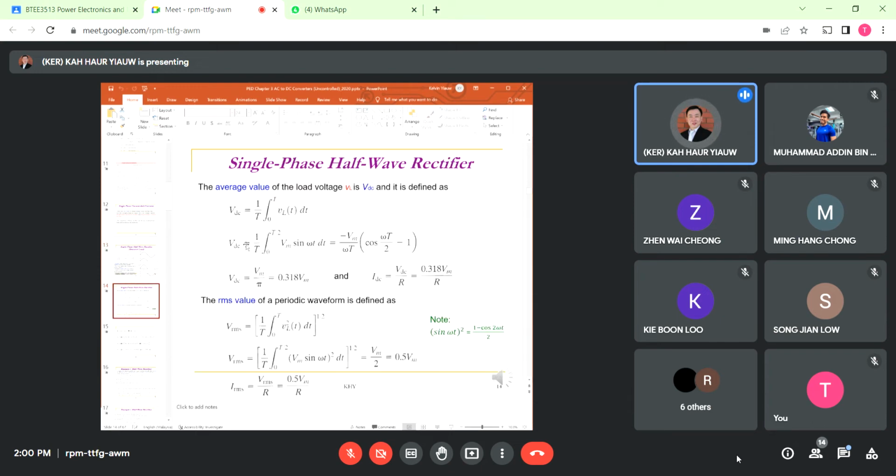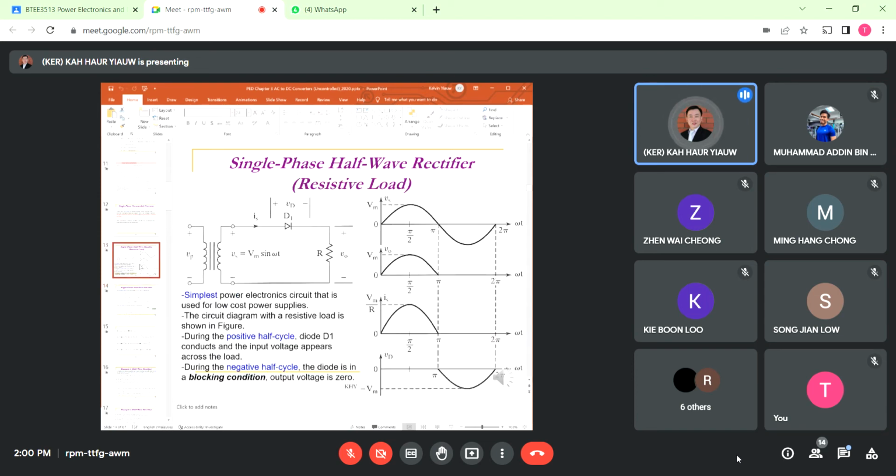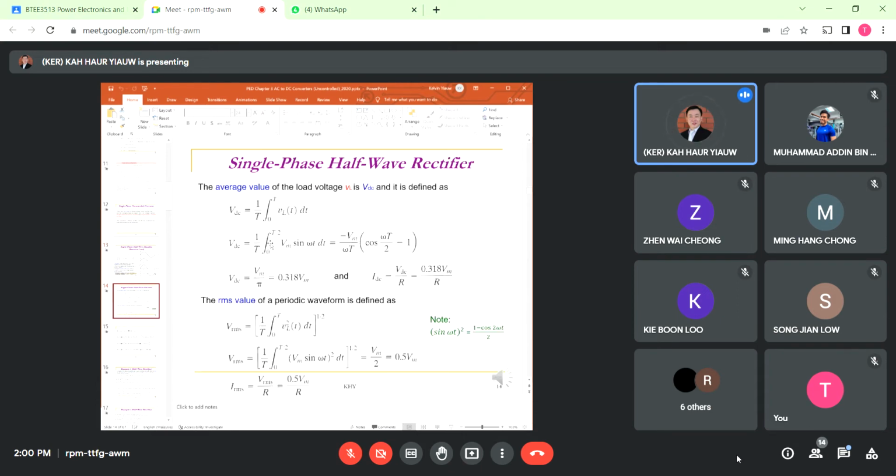Here we are actually doing the derivation based on integration. So for the VDC here, VDC is your average voltage, or the DC voltage output here. We can integrate over time from 0 to T, where T is the period, which is one cycle.